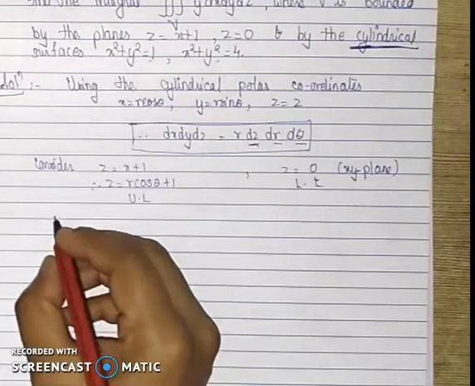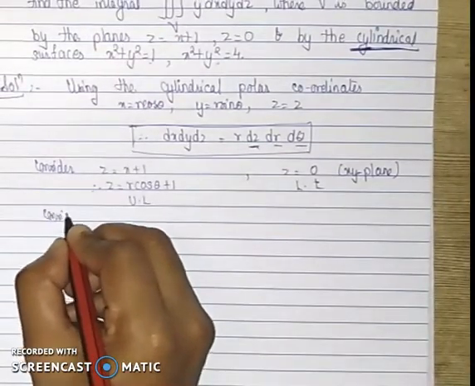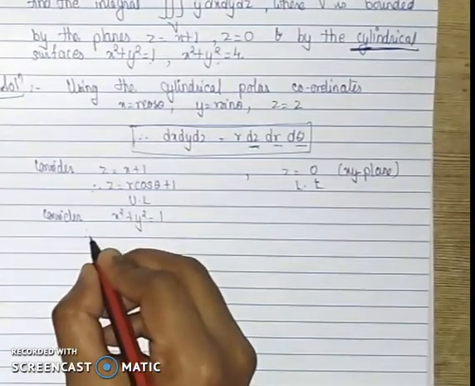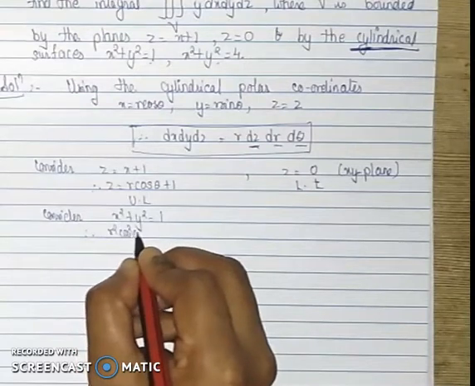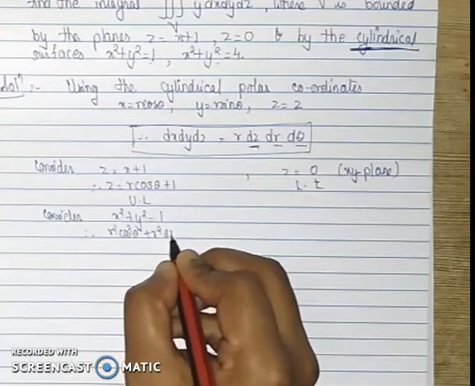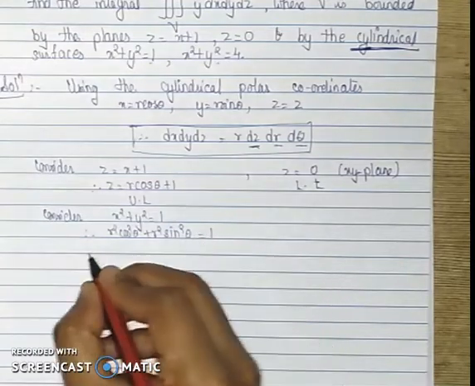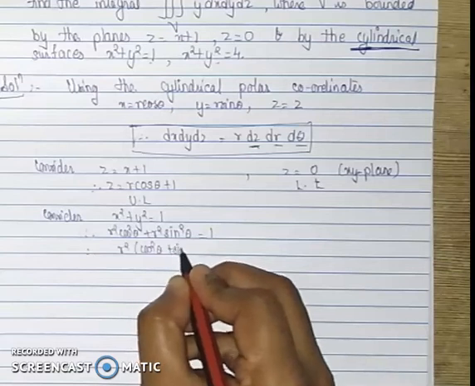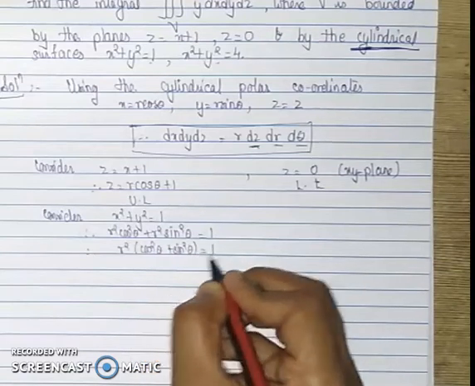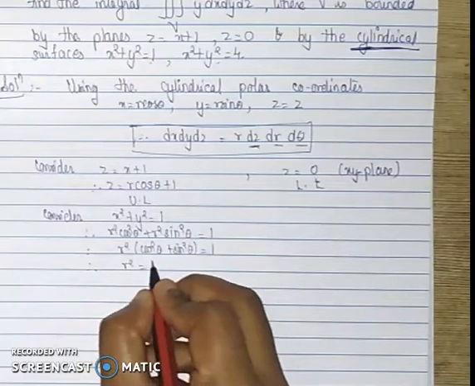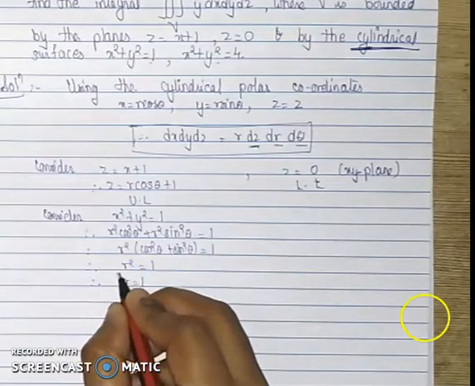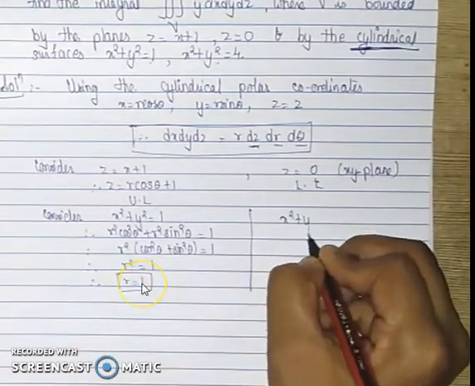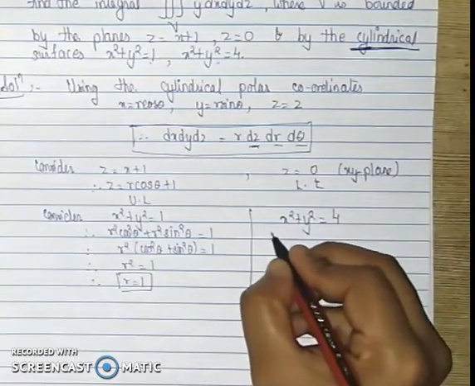Now, we'll try to get the limits of r and theta. As I've mentioned, to get the limits of r and theta, make use of the equations which contain x and y exclusively. So x squared plus y squared equal to 1 turns out to be r squared equal to 1, which is nothing but r equal to 1. We won't take into account the minus 1. This is a circle of radius 1 and center 0, 0, which is the origin.